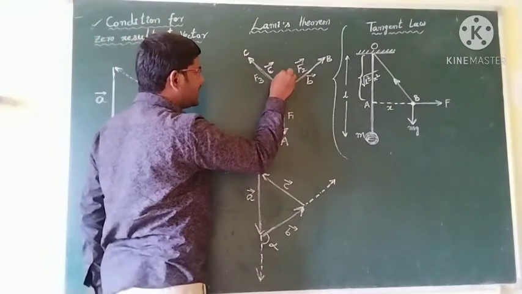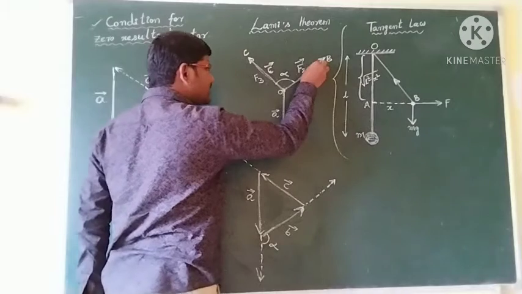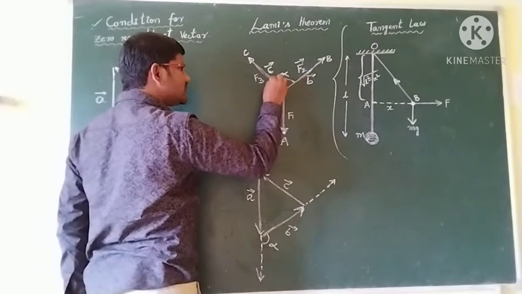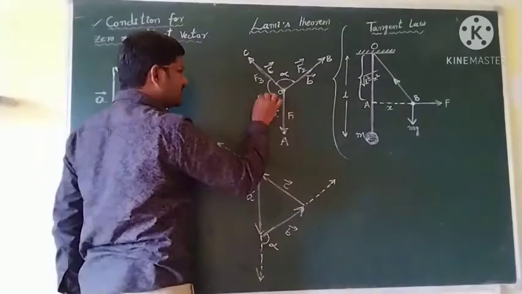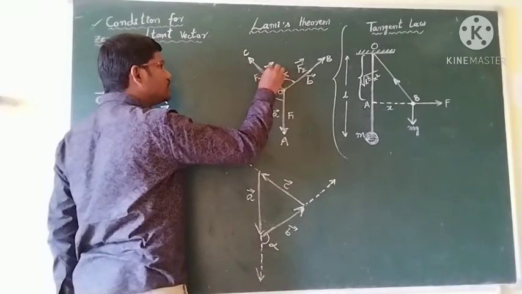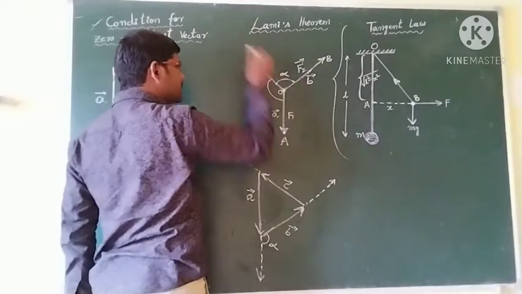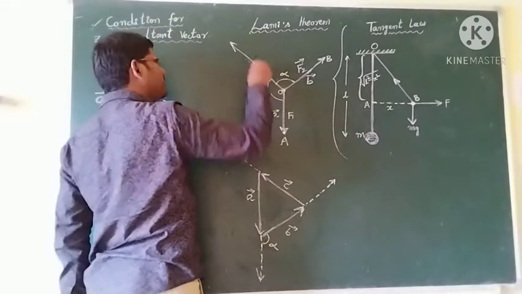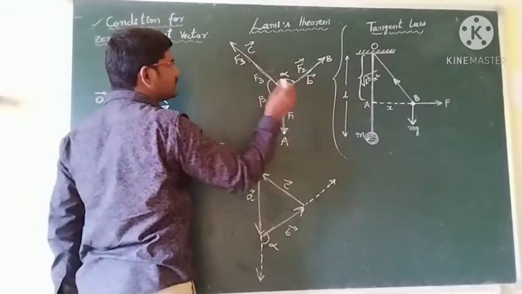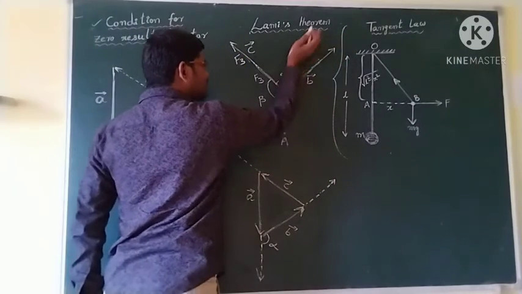And this angle I am taking as alpha. Then the angle opposite to the second vector I am taking as beta. So this is the third vector, C bar, which we have taken as force F3.